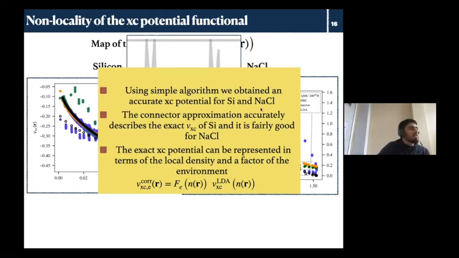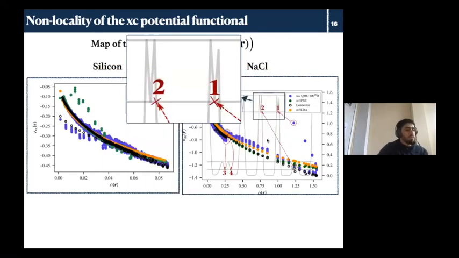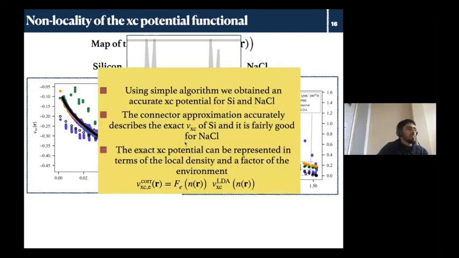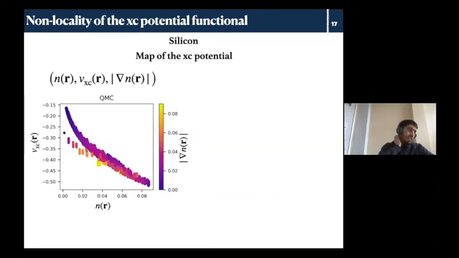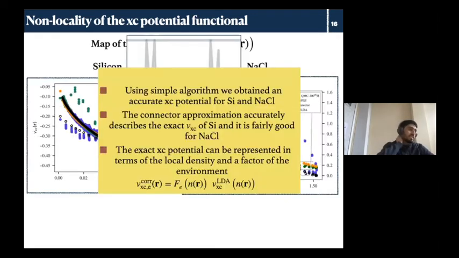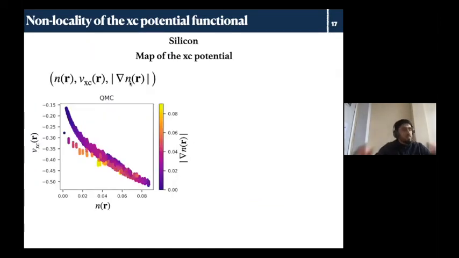And by looking at this kind of map for VXC, we may suggest representing the exact VXC in terms of the local density and a factor of the environment. This factor of environment can depend on the modulus of the gradient of the density, because it gives further information.